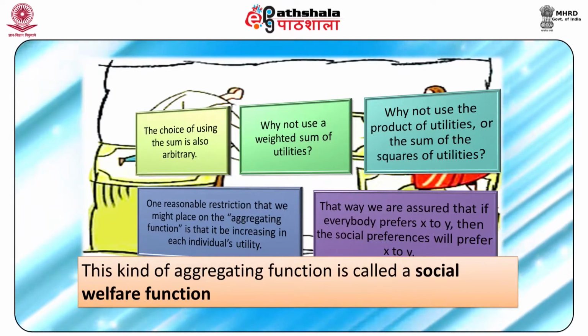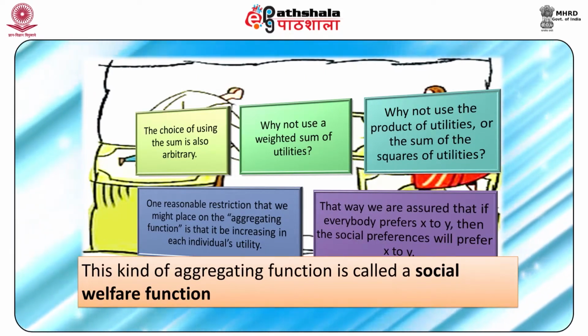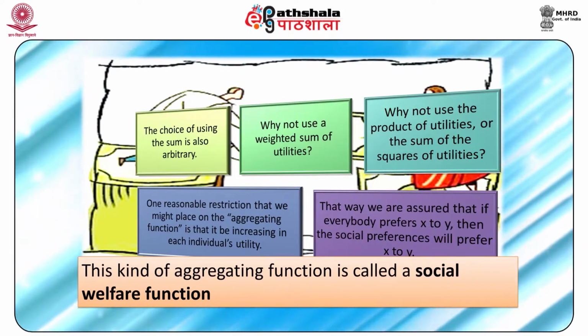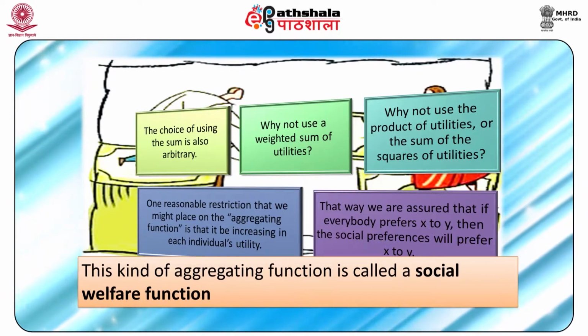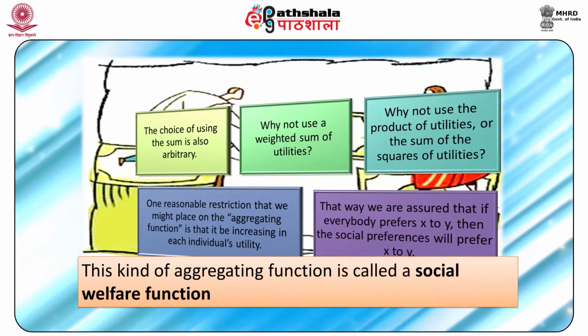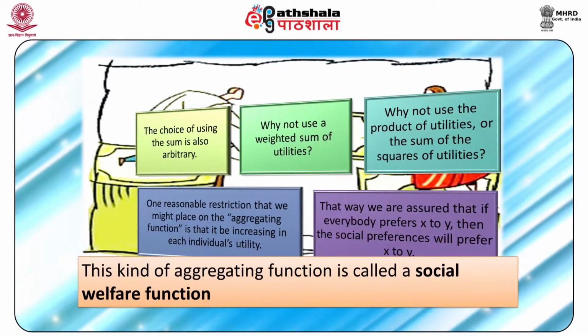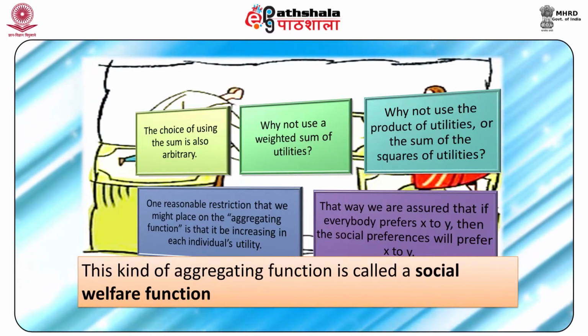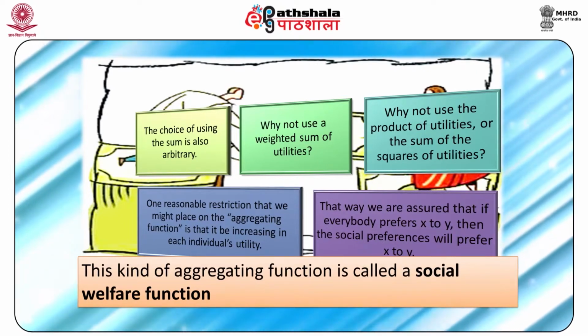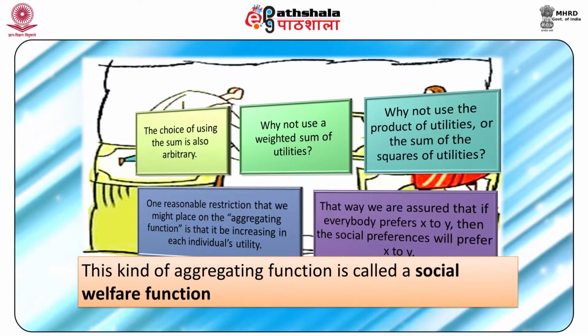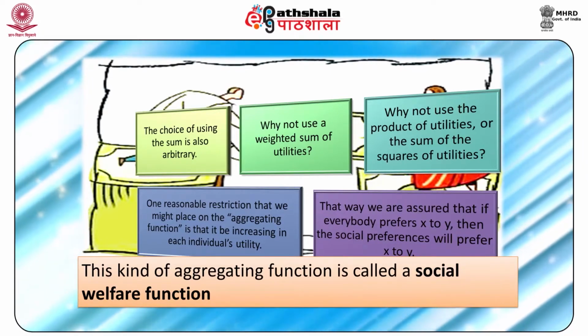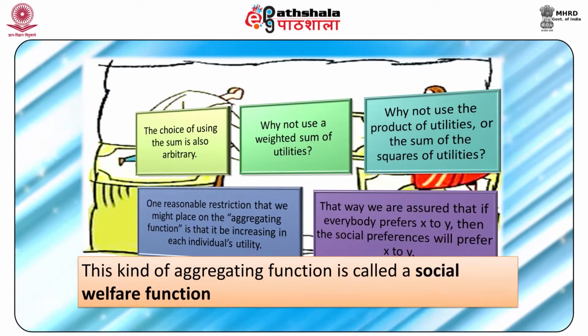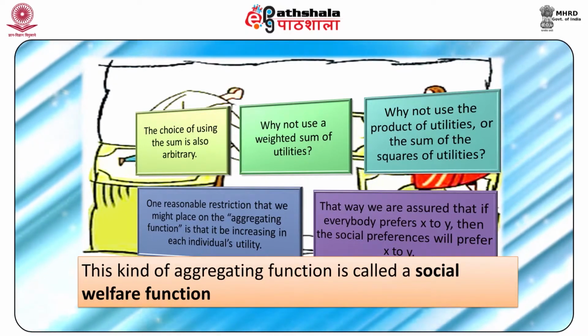One reasonable restriction that we might place on the aggregate function is that it be increasing in each individual's utility. That way, we are assured that if everybody prefers x to y, then the social preferences will prefer x to y. This kind of aggregating function is called a social welfare function.